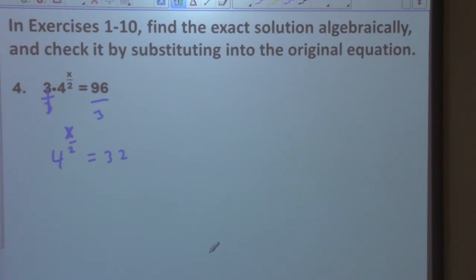There is. Would it be 64? No, it's 32. Isn't 4 squared 16? Go lower, go lower. Go to 2, yes. What do we have here? 4 is 2 squared, right?